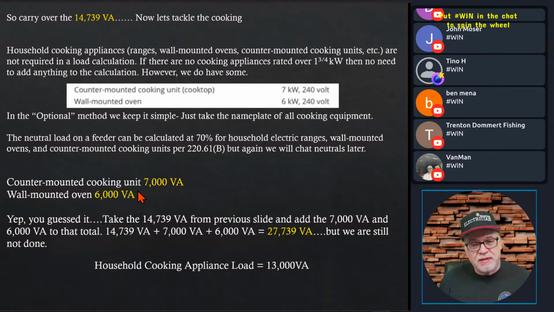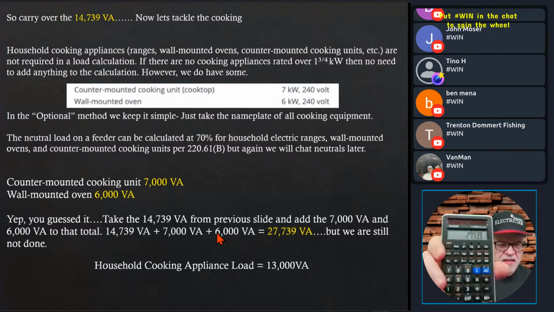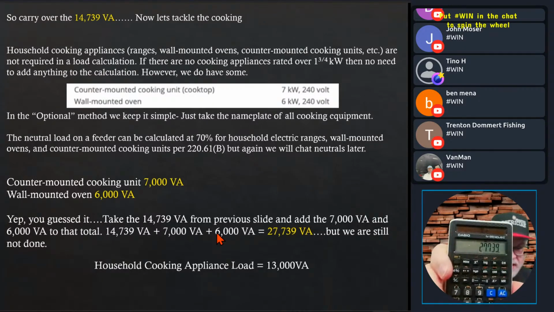I like to work in VA, so we're working in VA. So I take that 14,739 from the previous, and now I'm going to add 7,000 and 6,000 to it, and I'm going to make sure that I'm right. So I'm going to do 7,000 plus 6,000. And I have 27,739. What, you don't believe me? Right there. Okay, right there.